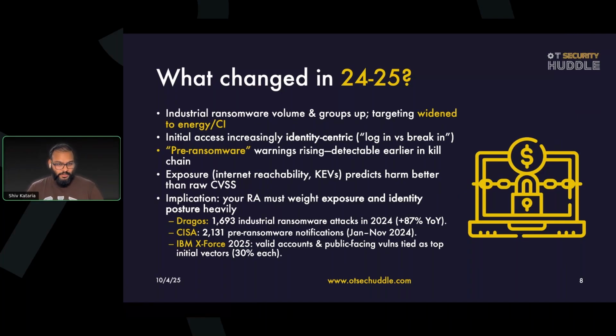Other reports, like IBM X-Force, have also shown that valid accounts and public-facing vulnerabilities are generally the ones exploited for the initial attack vector into industrial infrastructure. So that's also one of the reasons we should understand what is there and what is the risk that the organization would be sitting on.